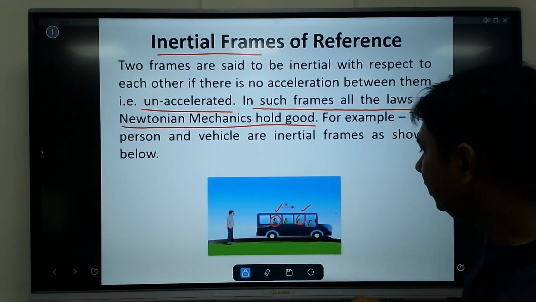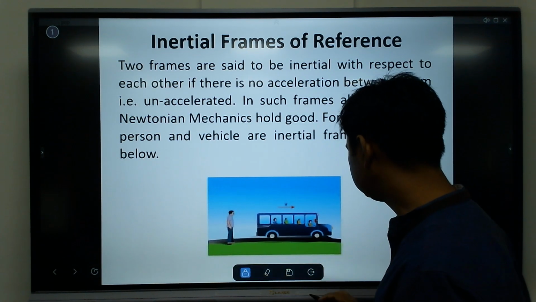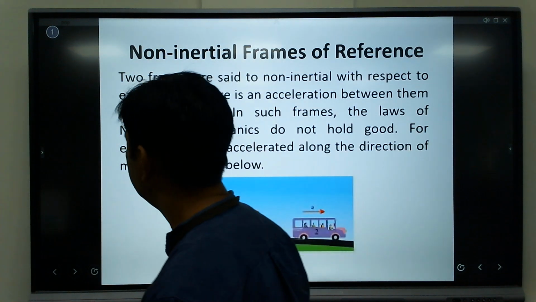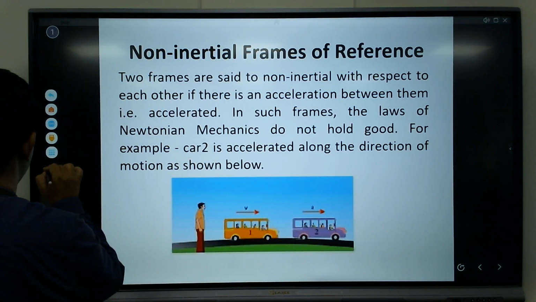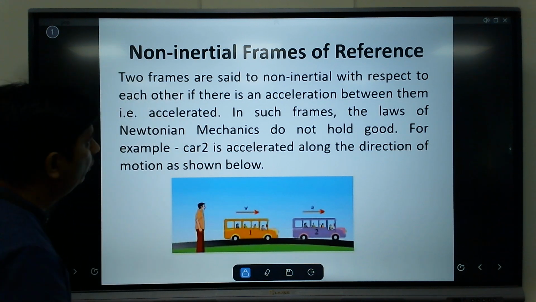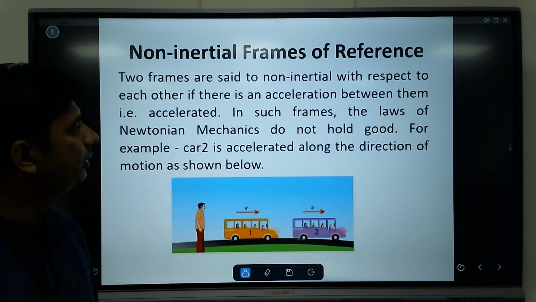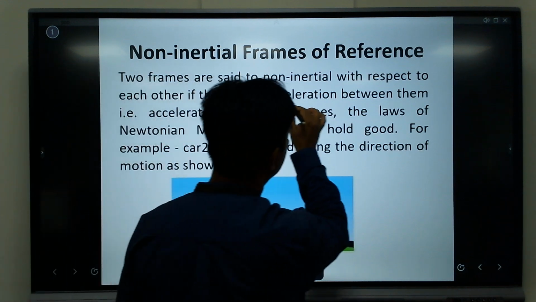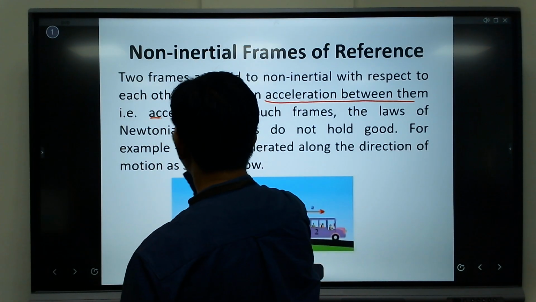The next example is the non-inertial frame. So what is non-inertial? Two frames are said to be non-inertial with respect to each other if there is an acceleration between them. So it is accelerated motion.